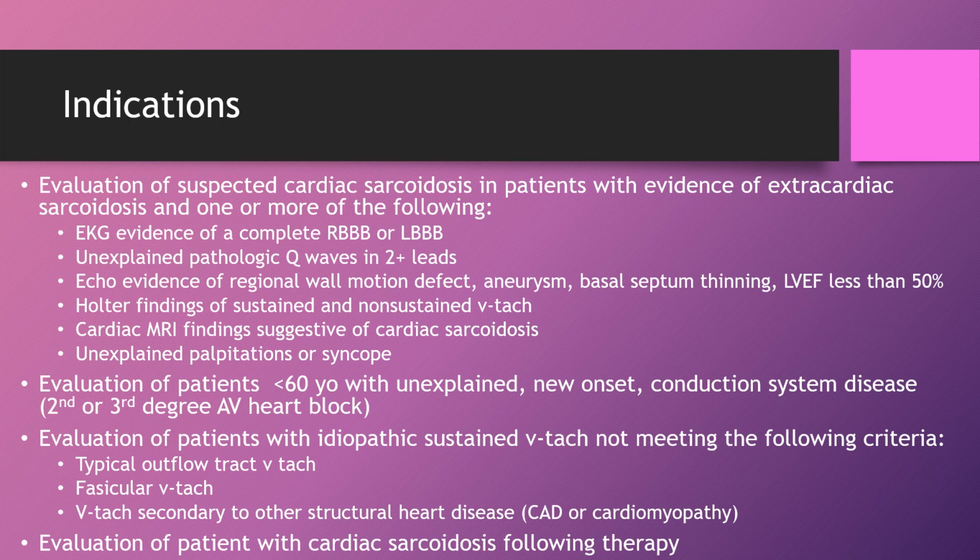So they have to have at least two of those, or in evaluations of patients that are less than 60 years old with unexplained new onset conduction system disease, such as second or third degree AV heart blocks, or evaluations of patients with idiopathic. Remember, idiopathic is unknown origin.